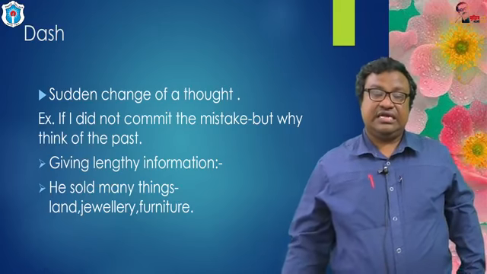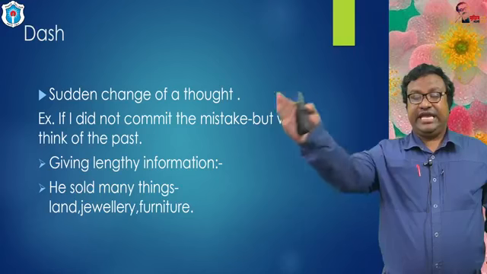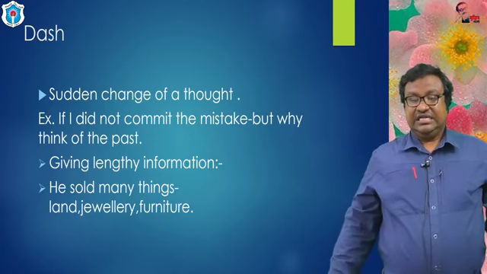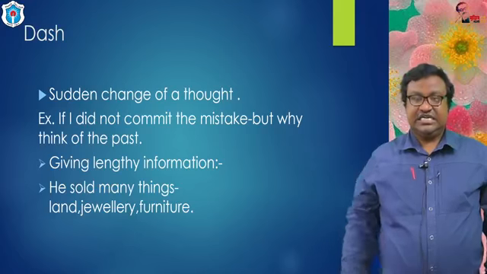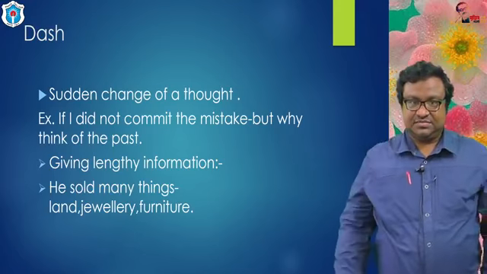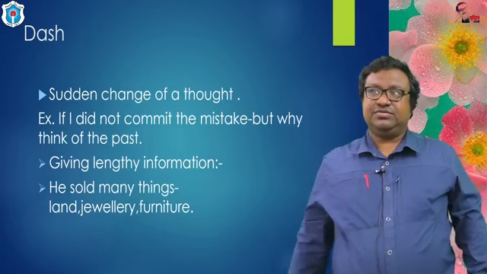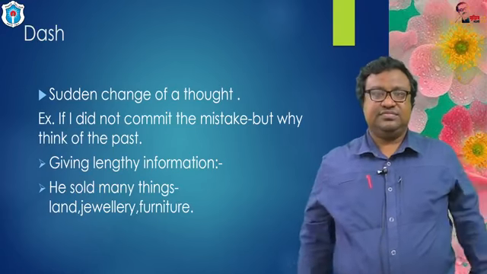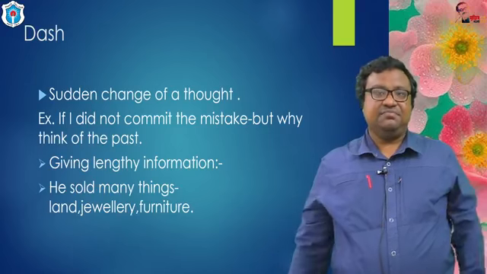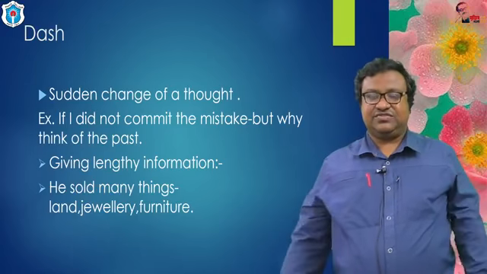Or when you are giving lengthy information, that is, putting examples of something. He sold many things, dash, land, jewelry, furniture. You are giving examples. For example, you are speaking about how Bengali youth once upon a time were very good in many kinds of sports.